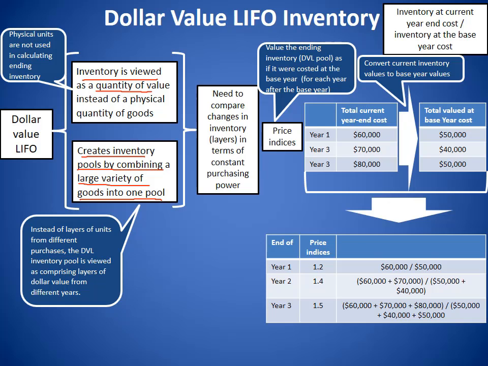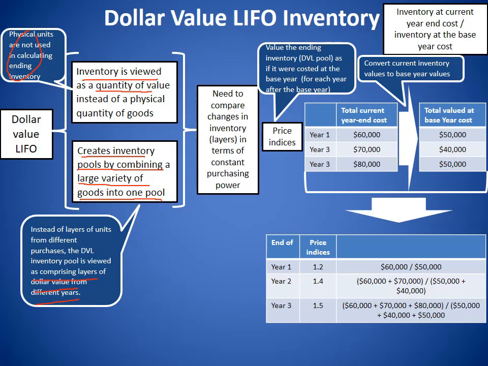So physical units are not used in calculating the ending inventory. Instead of layers of units from different purchases, we use a dollar value inventory pool comprising layers of dollar value from different years.